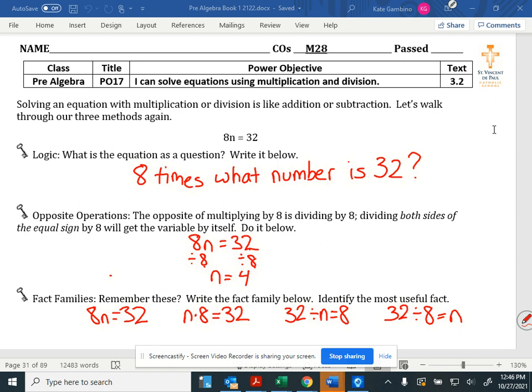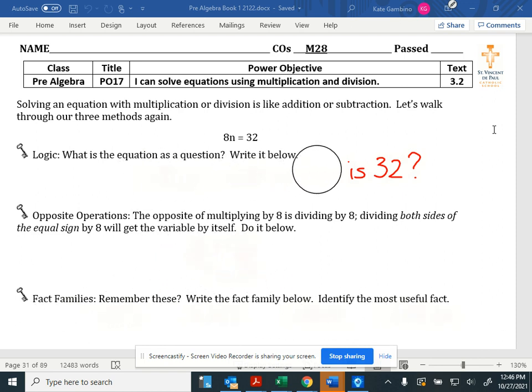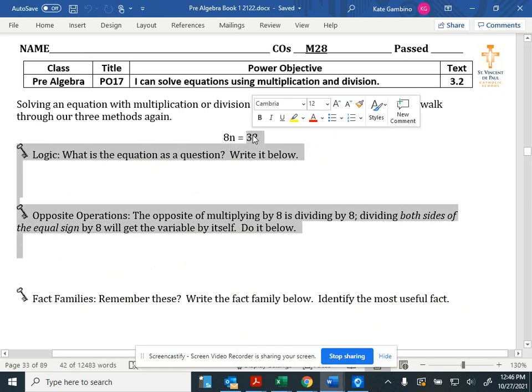So just like yesterday with our adding or subtracting, we're going to use two methods with the multiplying or dividing to see if we can come up with the same answer. And then when we get to our work page, you just pick which one is more comfortable for you.